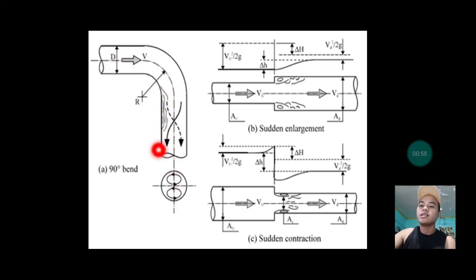So on our 90 degrees bend or other bending pipes, also in pipes with sudden enlargement, there will be eddies in this part, like a turbulence. And also if the pipe has a sudden contraction, from a bigger pipe suddenly changing to a smaller pipe, there will be eddies or turbulence in these parts of the pipe.